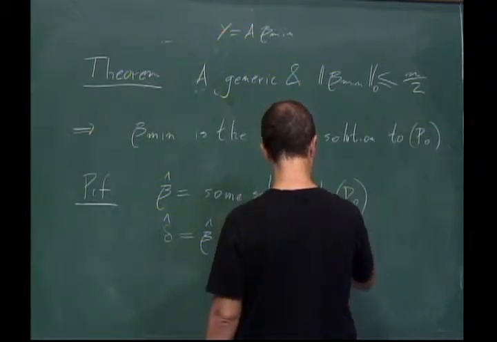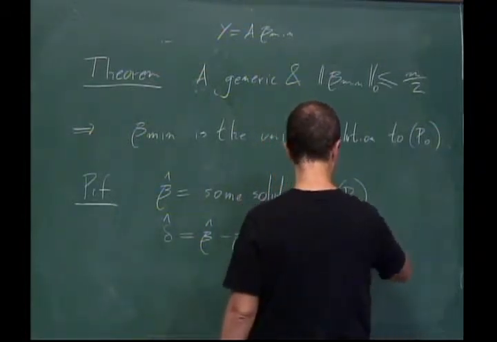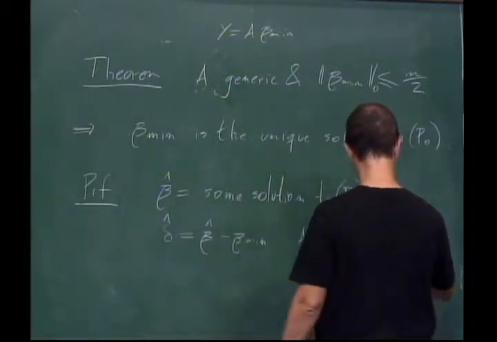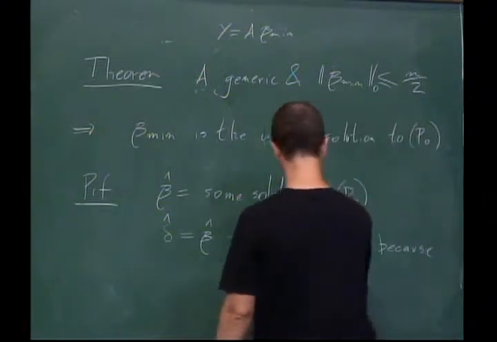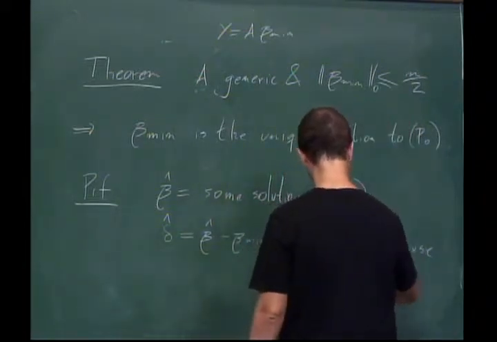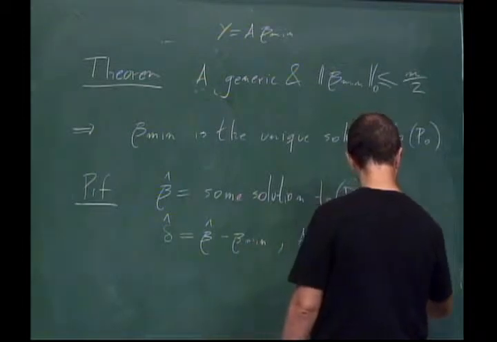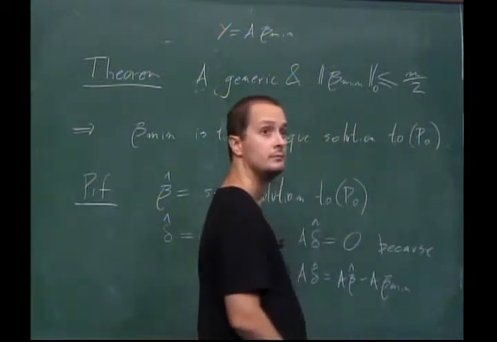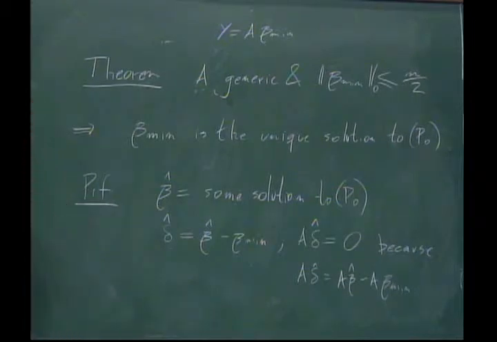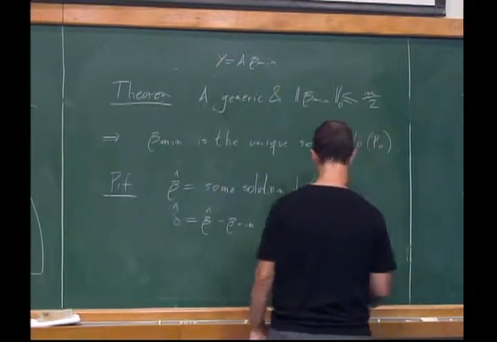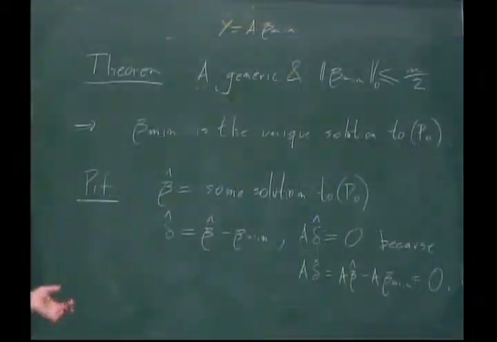Clearly you have A times delta hat equals 0, just because it's a linear system. Because A times delta hat equals A times beta hat minus A times beta min. And by assumption, those two are solutions to the same system, so we have 0. I'm using the fact that A is a linear transformation, so I can write this down.